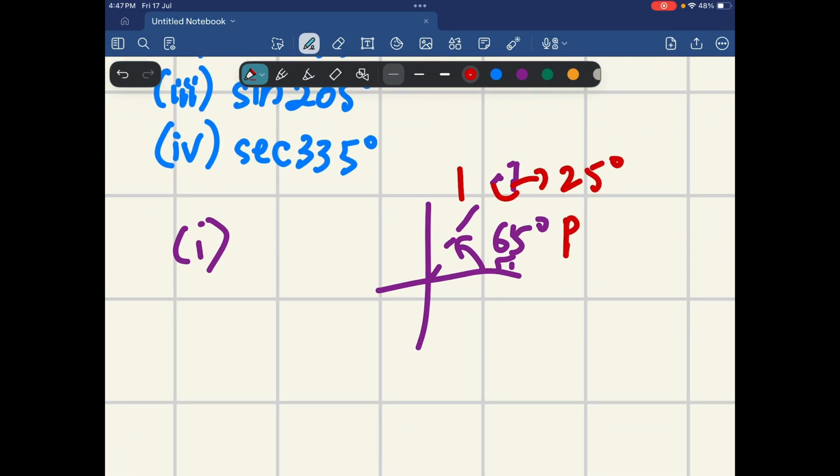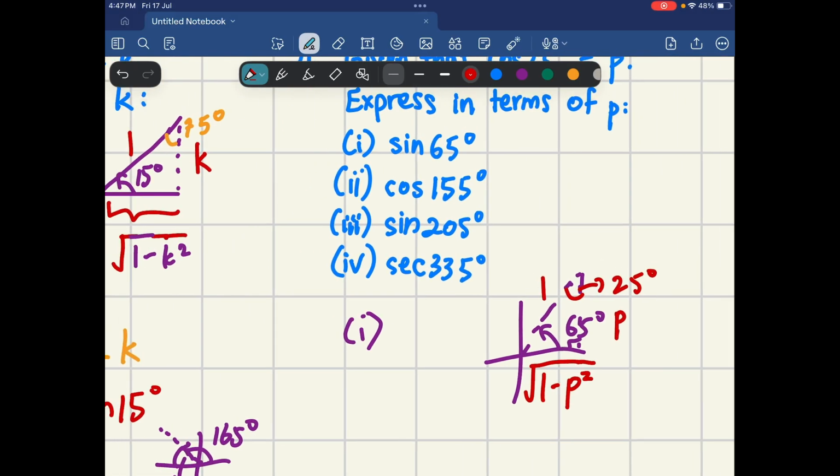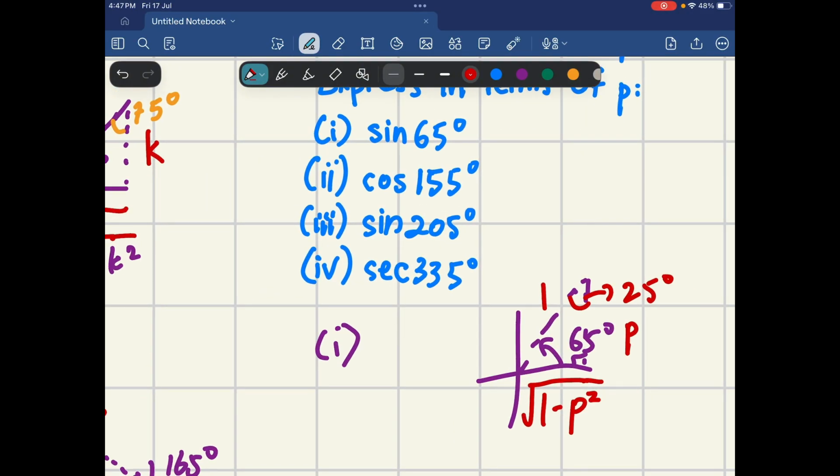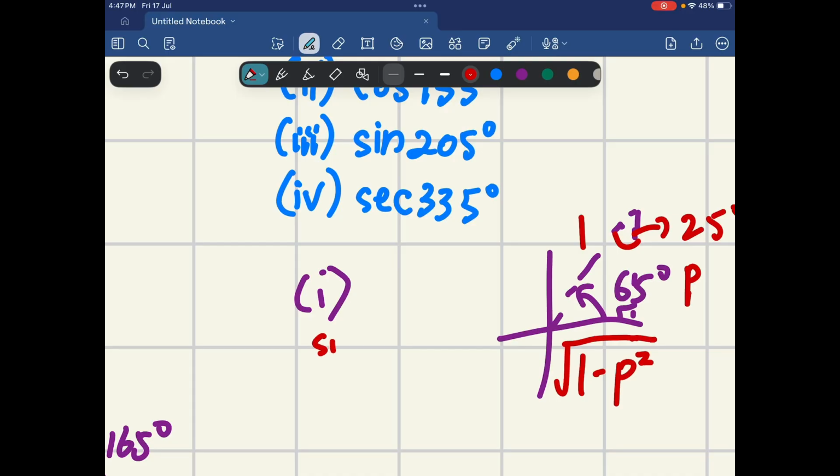Now to find this side, it's just using Pythagoras theorem. So to find sine of 65 degrees will be opposite over hypotenuse. In this case it is p over 1 or p.